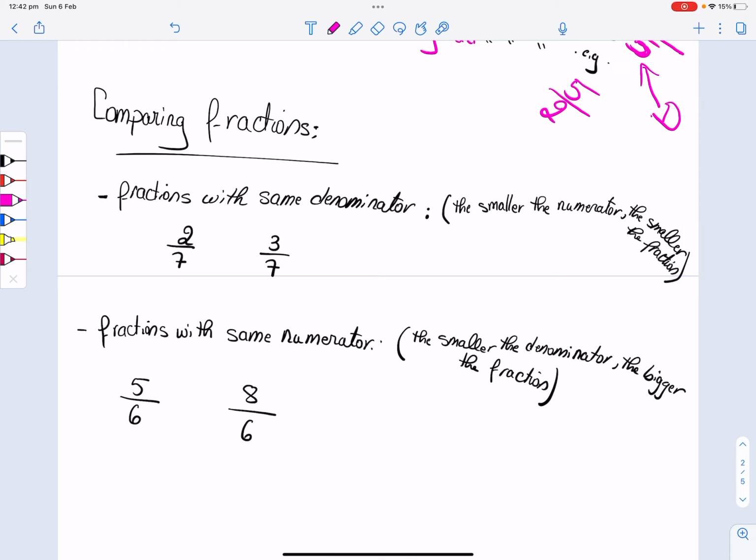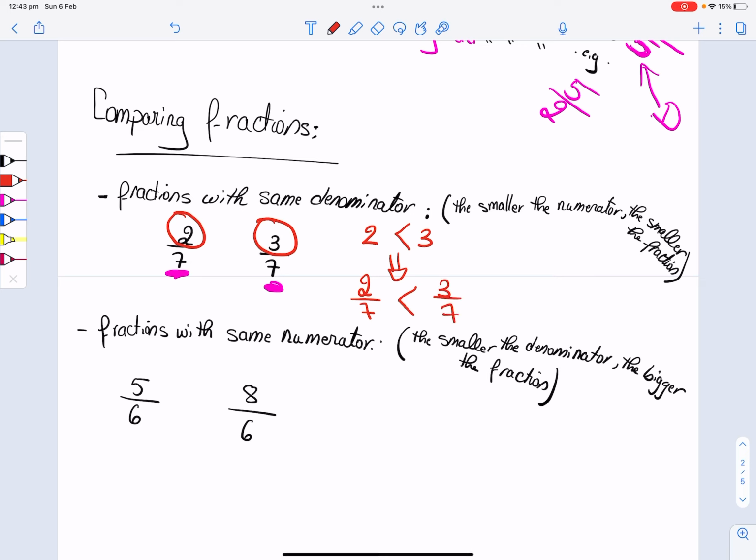If we have 2 fractions here and they have the same denominator, here we have 7, 7, we only look at the numerator and we compare them. Now we have 2 smaller than 3. That means 2 over 7 is smaller than 3 over 7.